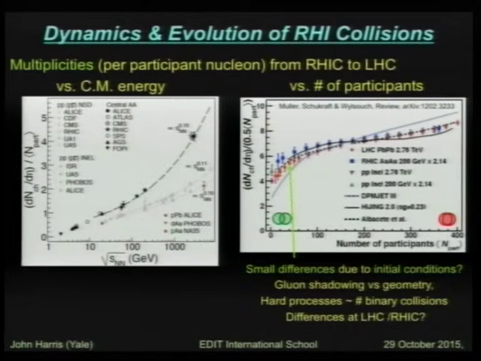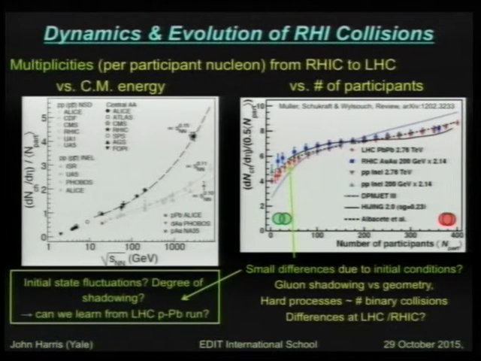So they're not as effective at producing particles. And it could be that these small differences, where the LHC multiplicities are lower for these peripheral collisions than at RHIC, may be due to something like gluon shadowing for those geometries. That's something we still have to see.